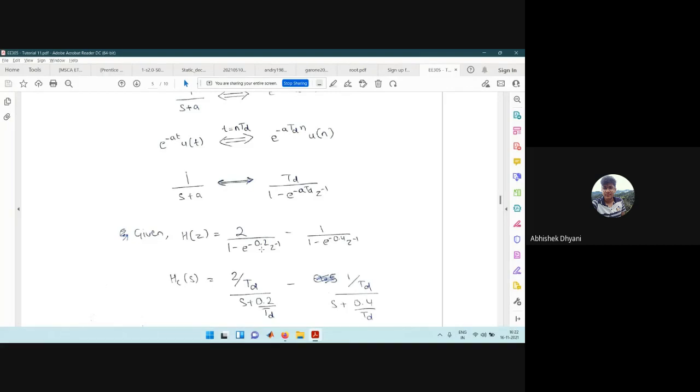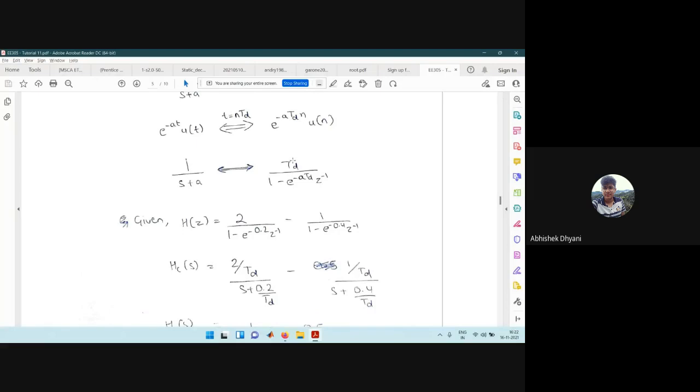So with that, the first thing I need to do when I go from the z domain to the s domain is divide the numerator by TD, because here it is 1. So I just said 2 by TD, and TD is actually also 2. Then I will have s plus a, and you can calculate a because a times TD is equal to 0.2, right?